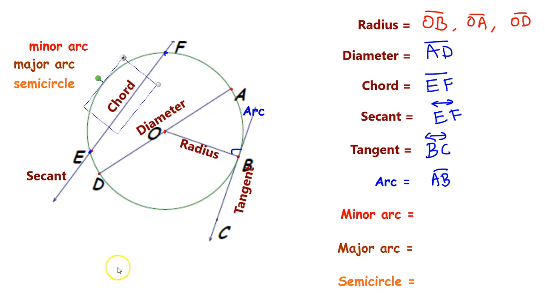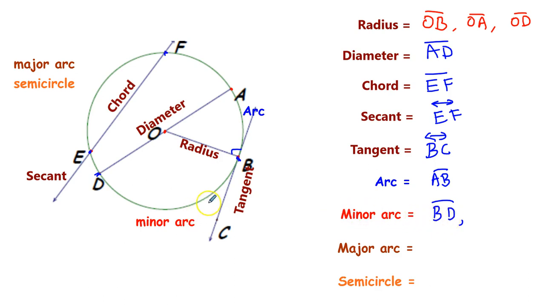Now I got the arc, and the minor arc is a smaller one. See, AD is the diameter, so this is half of the circle. Anything below that is a minor arc. I can call AB one minor arc, or B to D is another one. Let me take BD. Let me also show you how to use 3 letters in a minor arc.